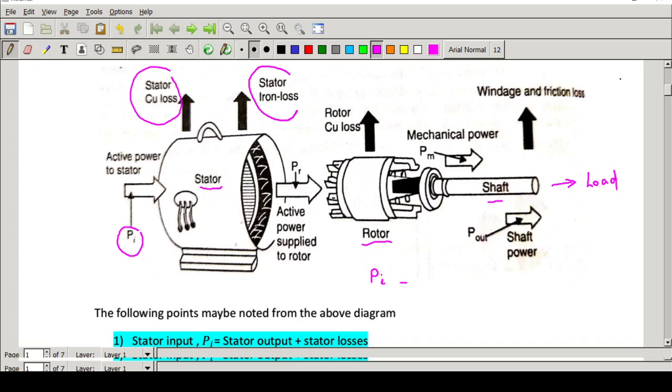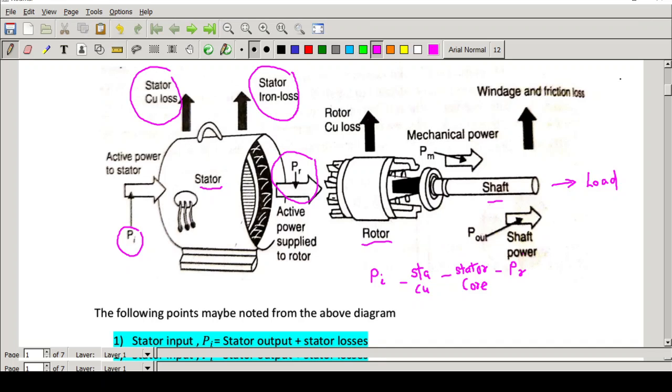So we have Pi minus stator copper loss minus stator core loss, and this is equal to PR. This PR is the input power to the rotor. That is very important: whatever power we get at the output of the stator is given as input to the rotor.